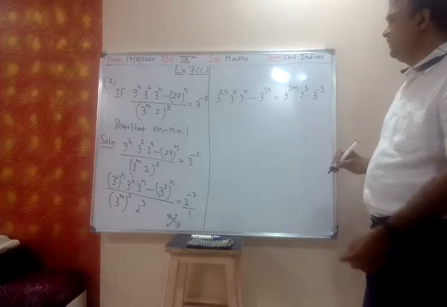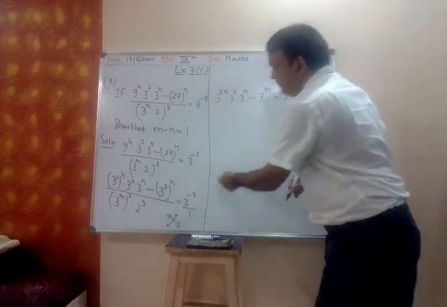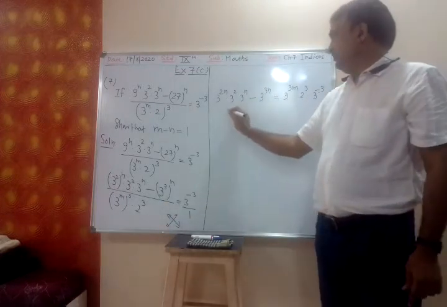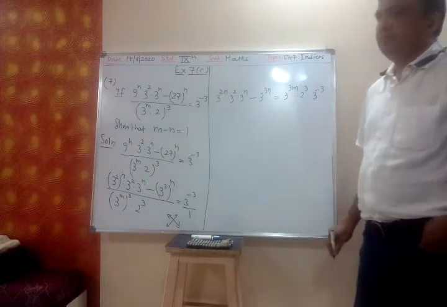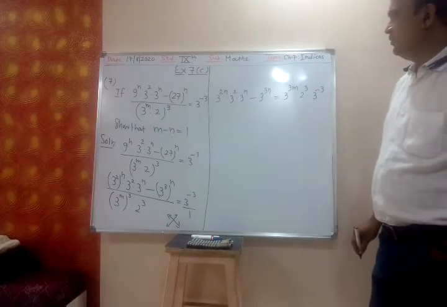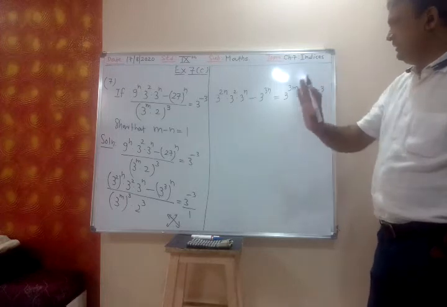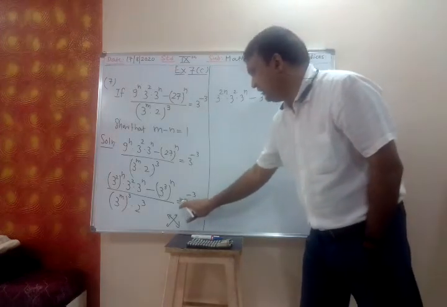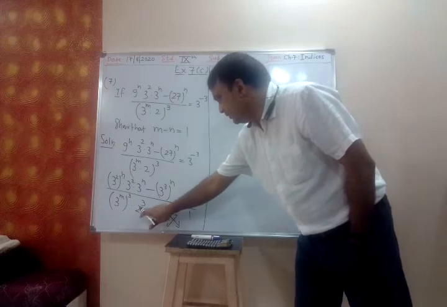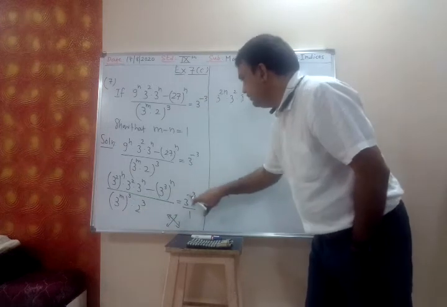Are you getting? This will cross multiply. 3 raised to minus 3 will get multiplied with the whole denominator. So this whole denominator I am multiplying to 3 raised to minus 3.